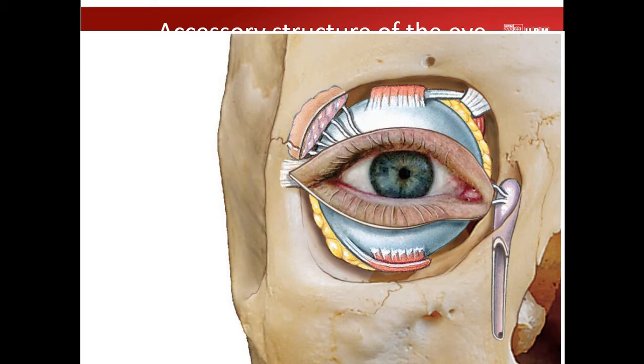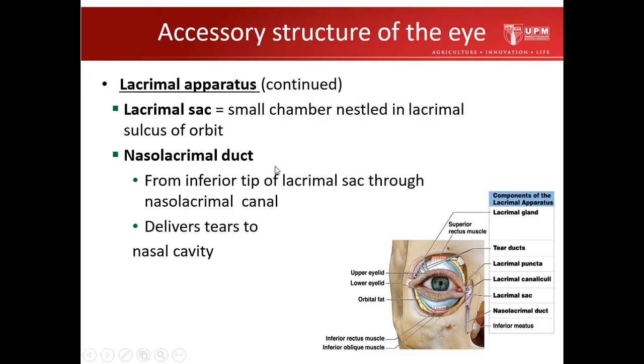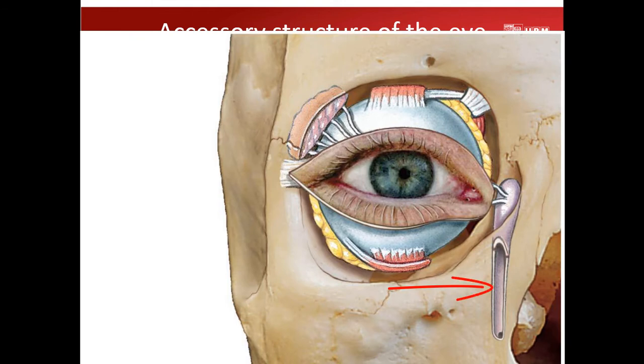And we have the lacrimal canaliculi, which are the small canals that connect the lacrimal puncta to the lacrimal sac. The nasolacrimal duct begins at the inferior tip of the lacrimal sac, and then it passes through the lacrimal canal to deliver the tears to the nasal cavity.